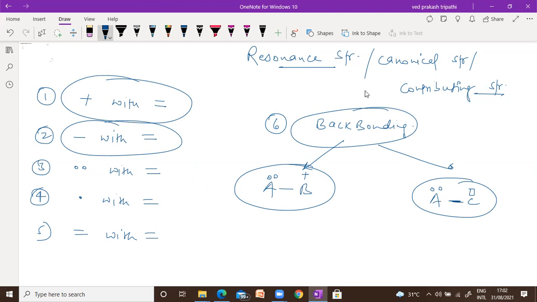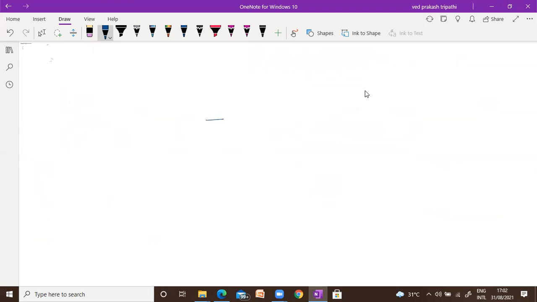Perfect. First start with double bond with positive charge. Listen to me. Suppose we have a positive charge and it is adjacent to a double bond with C, like resonance. So resonance structures are separated by a double-headed arrow.